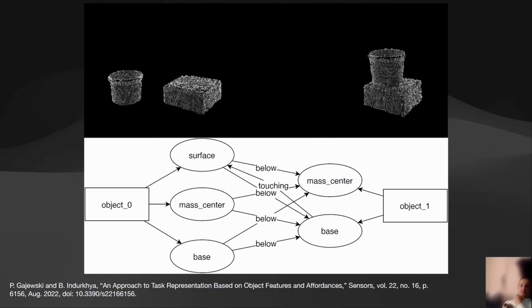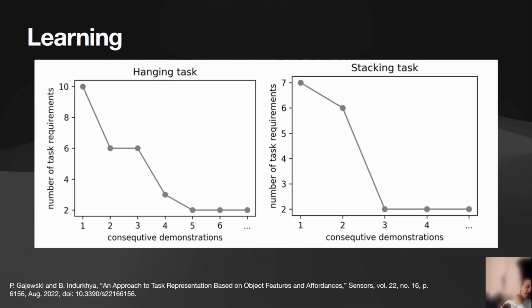Now a little bit about learning, because I said that I can show a number of demonstrations to the system. I measured how the number of demonstrations affects the number of rules that are inferred. The thinking behind it is that the fewer rules we have, the better, because that means we can generalize the skill better.